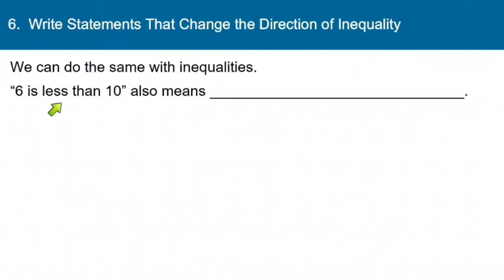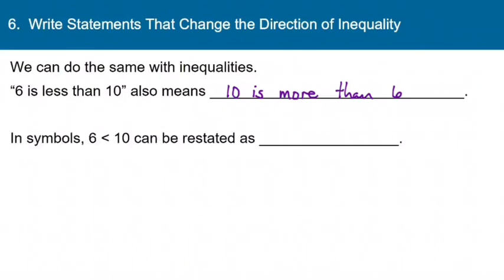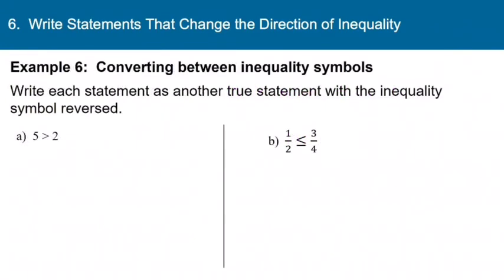So 6 is less than 10 also means that 10 is more than 6. And if we write that in mathematical symbols, then instead of saying 6 is less than 10, we can rewrite that as 10 is greater than 6. We can do that with any inequalities. So let's practice here.